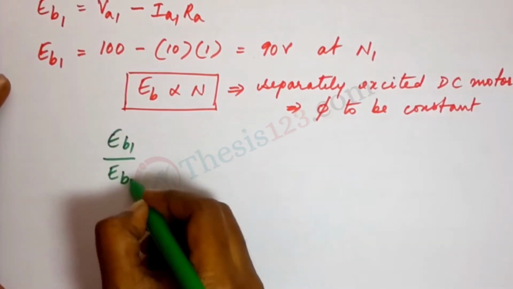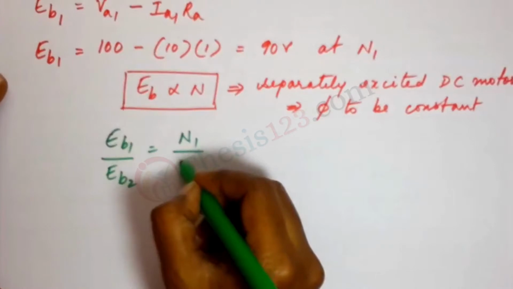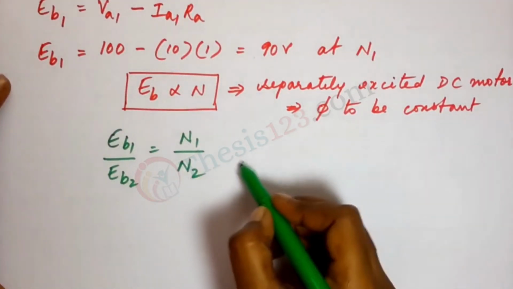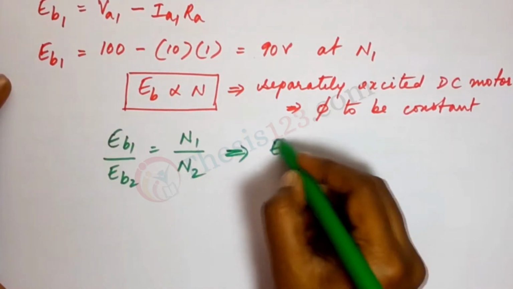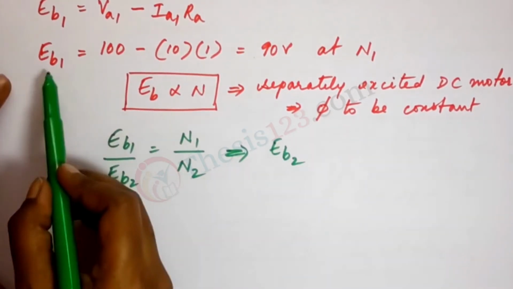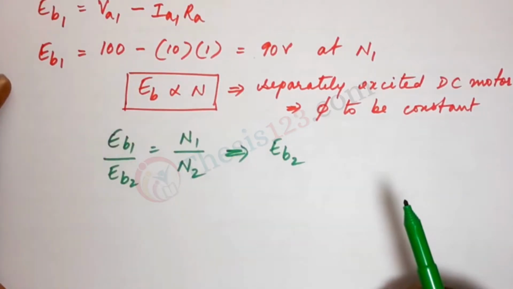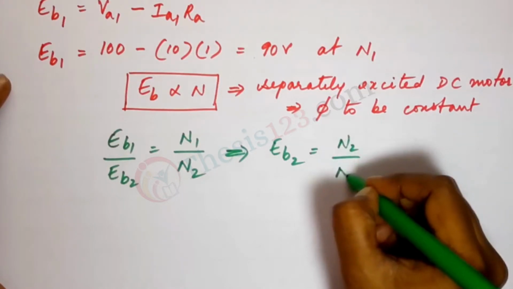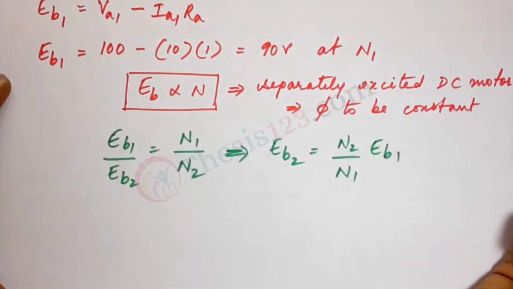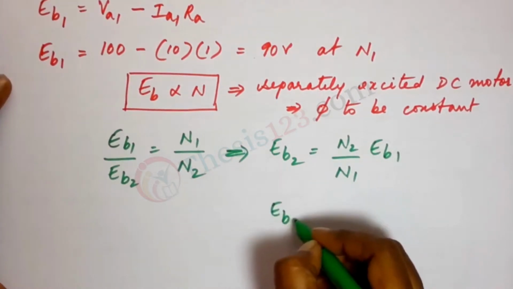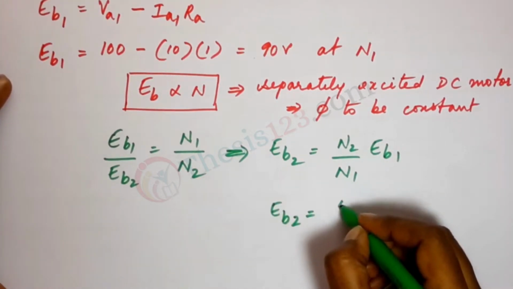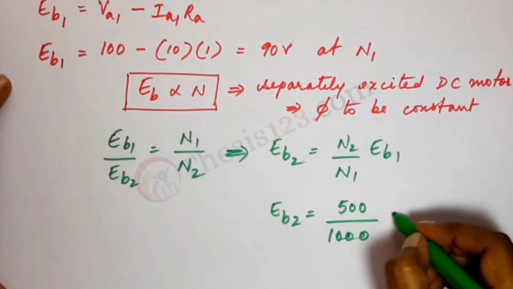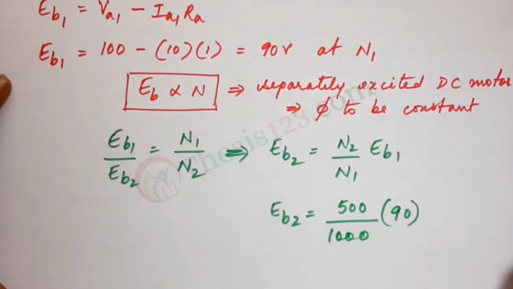EB1 by EB2 is equal to N1 by N2, right? Now from this expression, we can find out the value of EB2. We found the value of EB1, next we find out the value of EB2. So EB2 would be equal to N2 by N1 into EB1. Let's substitute the values. What's N2? It is the reduced speed, 500 divided by 1000 into 90.